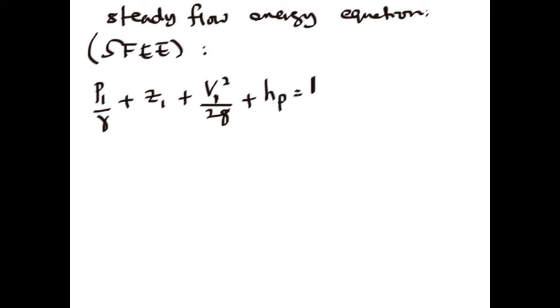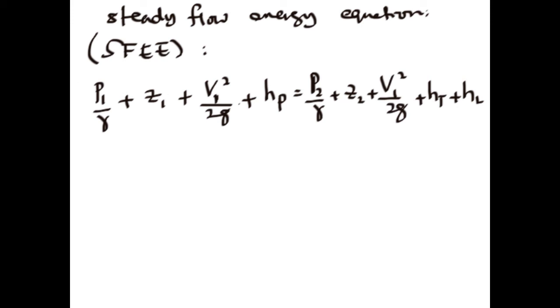So I will just rearrange the SFEE so that I write pressure first, then the elevation term, and then the velocity kinetic term, and I also have this HP in the equation. It's equal to P2 over gamma, V2 squared over 2g, HT plus HL.